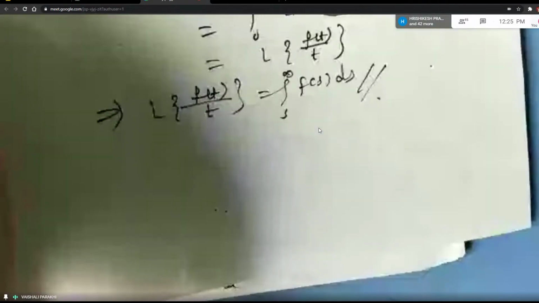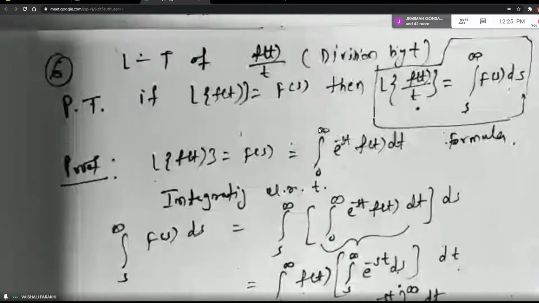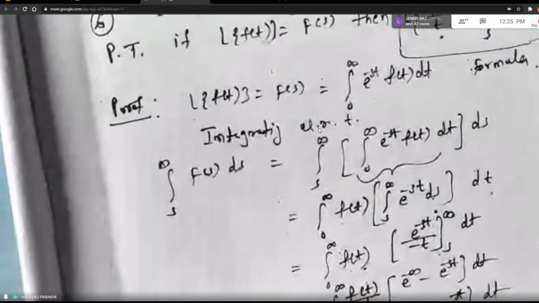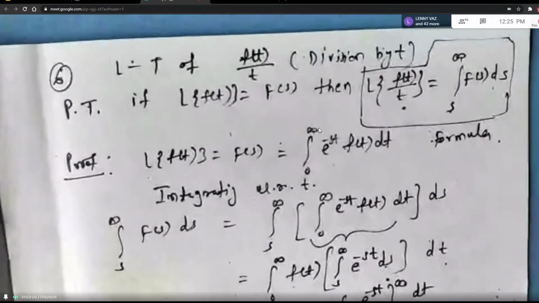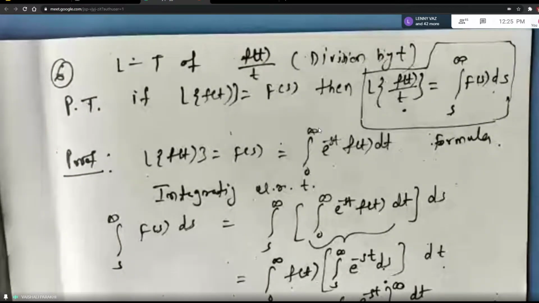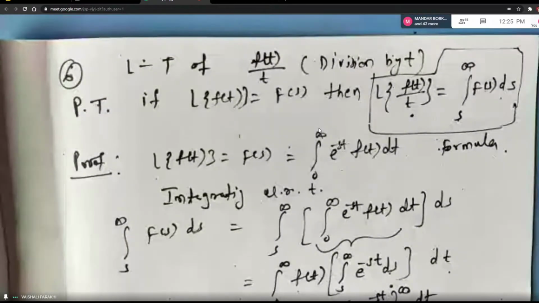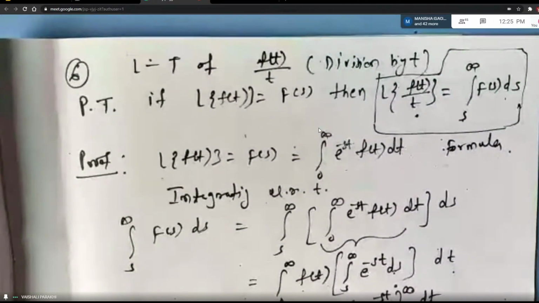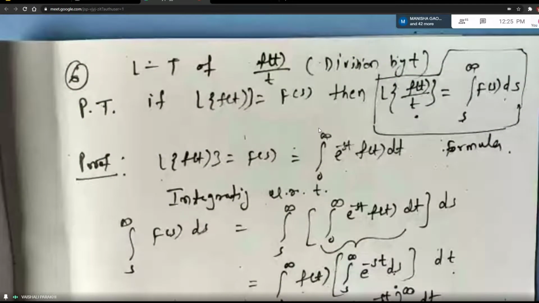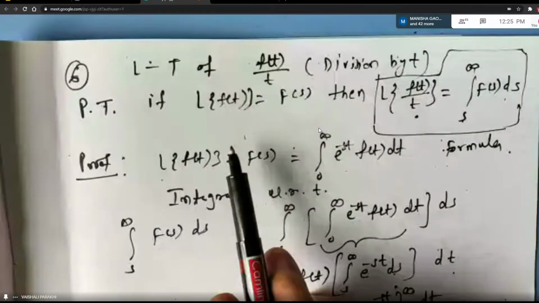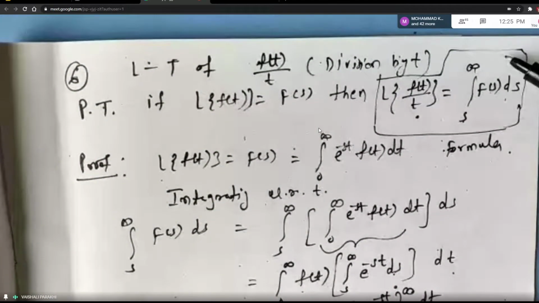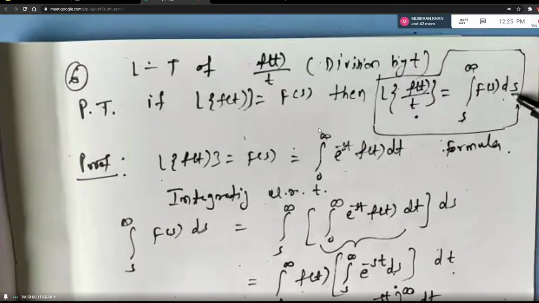Now the next property is division by t. When we were solving problems based on this, students, I had mentioned to you that whenever the function is multiplied by t, it is in the form of differentiation. Whenever the function is divided by t, it is in the form of integration. So here also, the Laplace transform of f of t by t is equal to the integral of f of s ds.